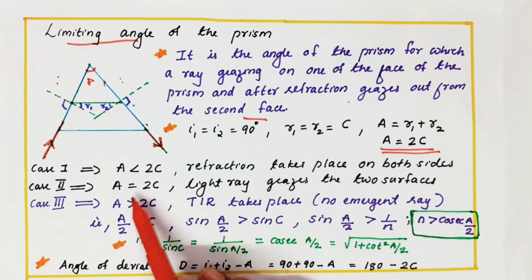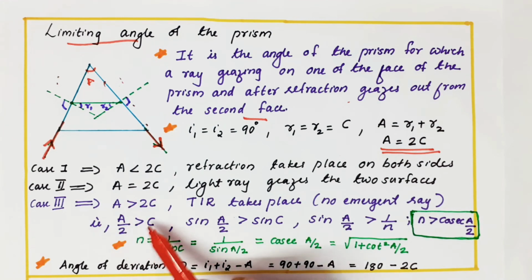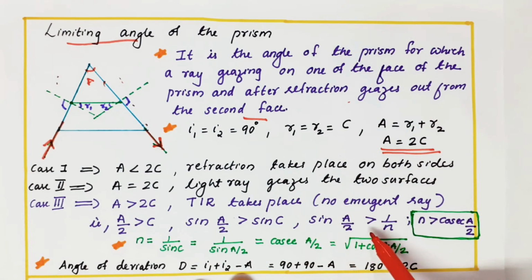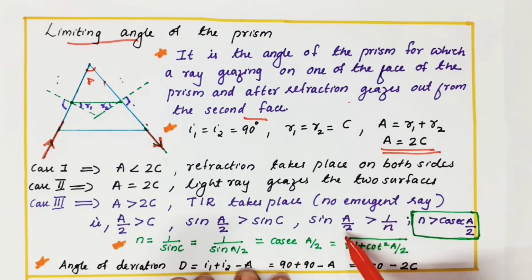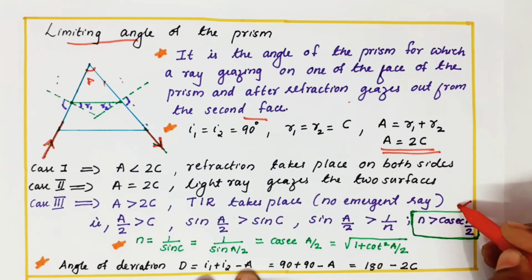So I can take this condition as A by 2 greater than C. It means sin A by 2 greater than sin C, that is sin A by 2 greater than 1 by n. If you take this, n equals 1 by sin A by 2, that is nothing but cosec A by 2. So n should be greater than cosec A by 2.